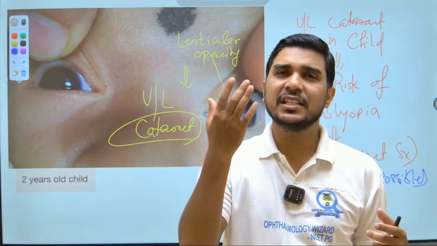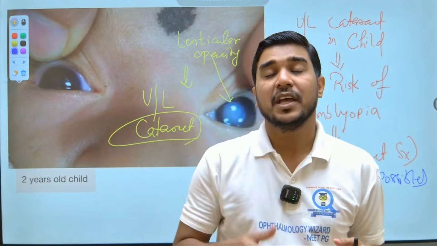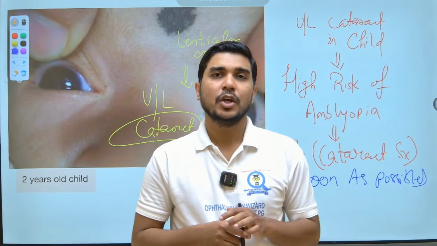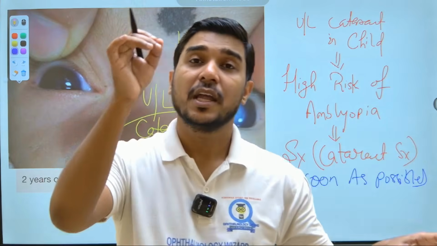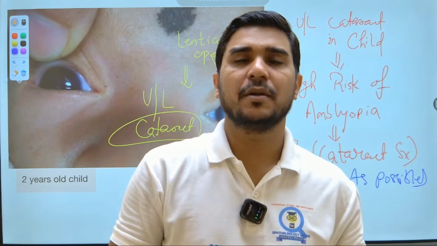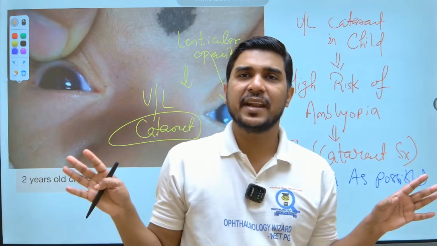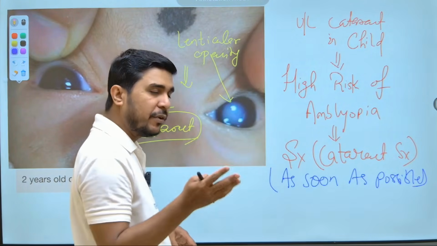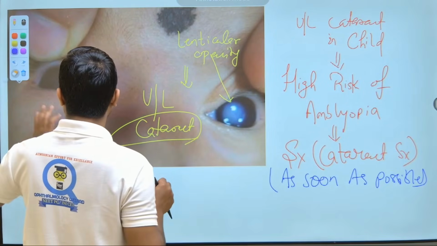Do you think that the child can apply the contact lens? No, it is not feasible. So the best treatment that you can give to an aphakic child is intraocular lens implantation. Put the lens inside the eye, that's it. No need for any adherence. Obviously, you will undercorrect the power, but you have to put it. So this is the MCQ that they have asked.